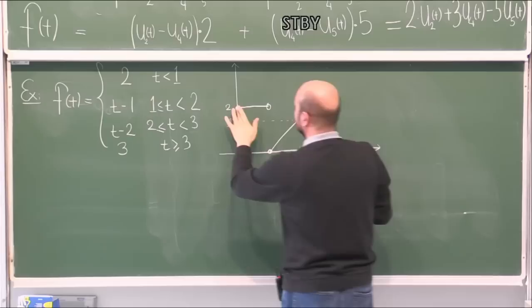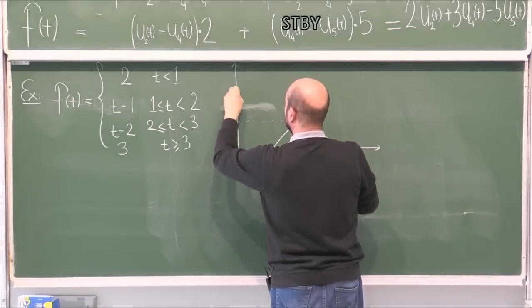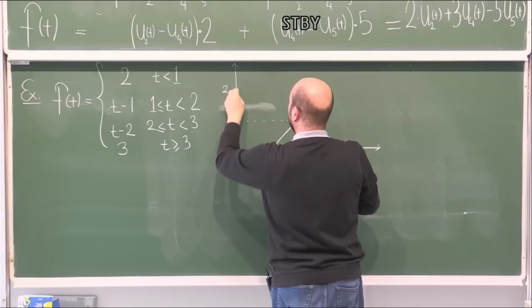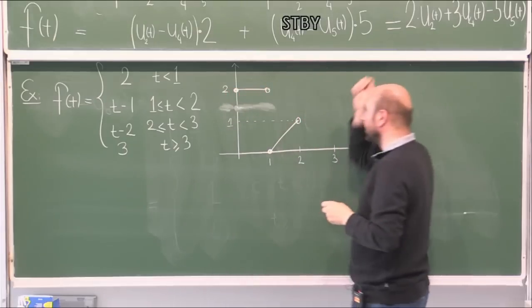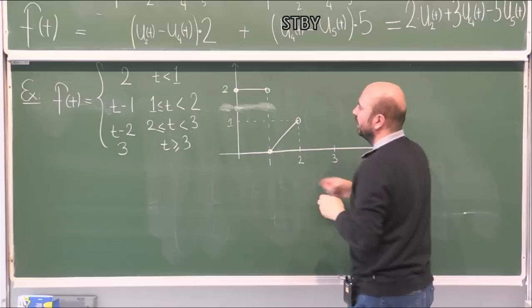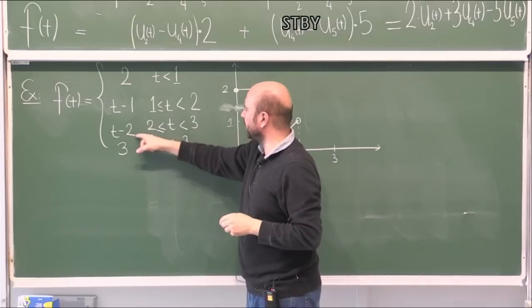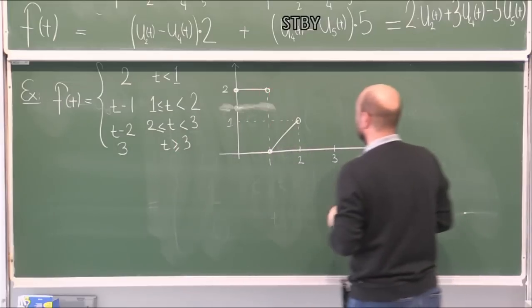Between 2 and 3, it's t minus 2, so when you plug in 2, you get 0. When you plug in 3, you get 1.